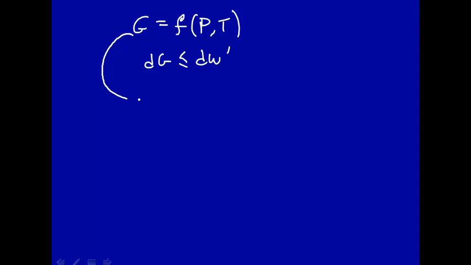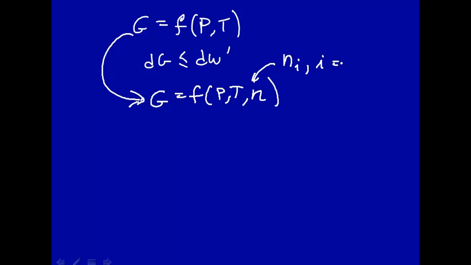Because we're chemists and we're interested in energy changes when we change number of moles of products and reactants, we now say that G is a function of pressure, temperature, and number of moles. In general, this could be N sub i, where i is the ith compound in a reaction. So we could have N1, N2, N3 if we have A plus B goes to C.